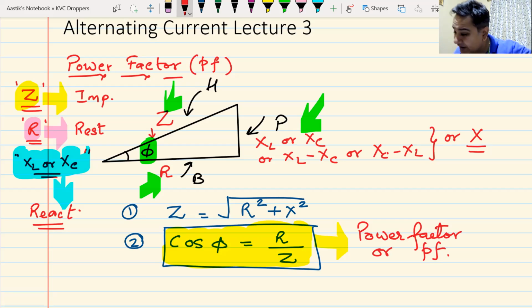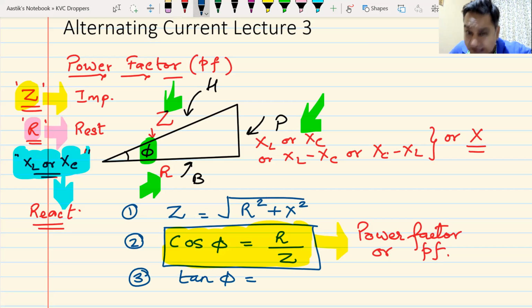The other important thing is tan of this phi, because in most cases we'll be dealing with either cos of phi, which is the power factor, or tan of phi. Tan of phi is perpendicular divided by base, so it is equal to X divided by R.